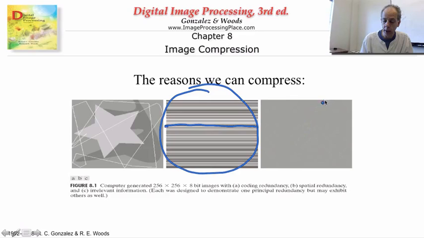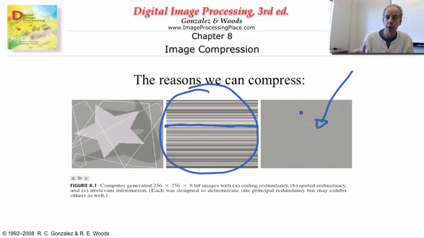The third reason we can do compression is right here. This is a flat image, constant value. So basically, there is a lot of irrelevant information in images. There's a lot of information that we actually don't care to save, or we don't care to save in exactly the same fashion. For example, if this is 128, maybe I don't care if I tell you it's 127, okay?